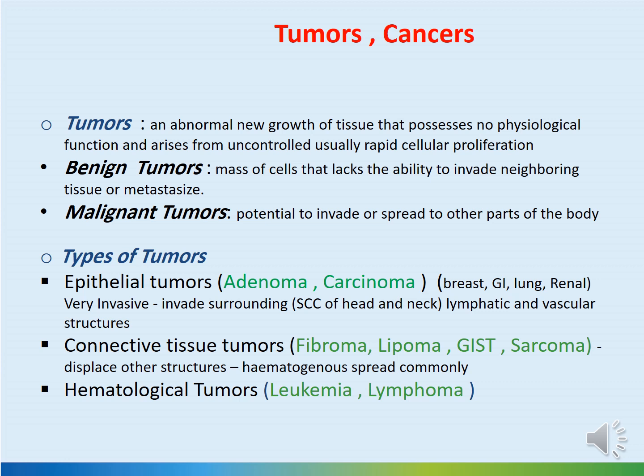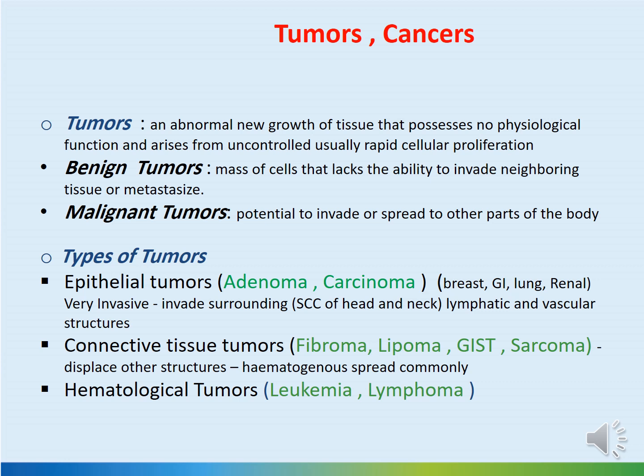If we go to the second type of tumors, which arises from the connective tissue, it is called sarcoma. The most common example, if it's malignant, or also gastrointestinal stromal tumors, is another example. If it's benign, we have many examples like fibroma and lipoma.